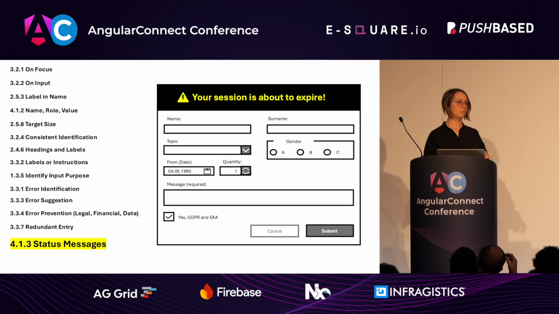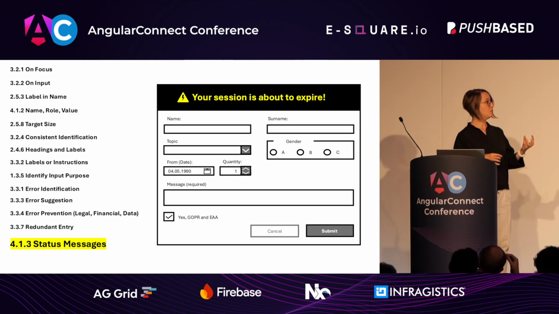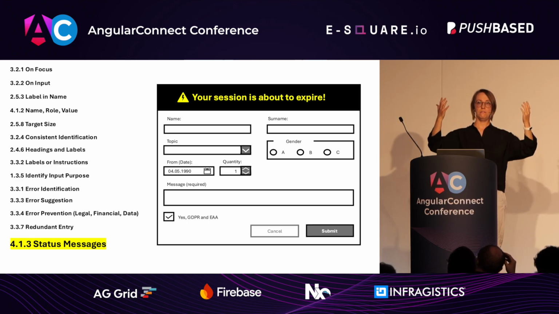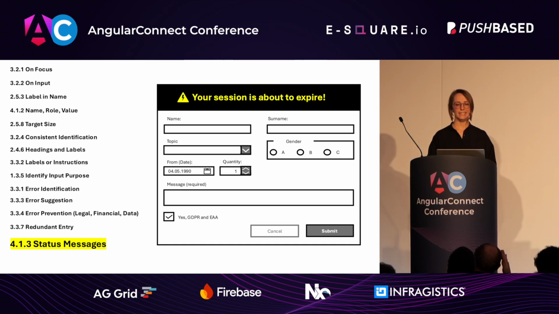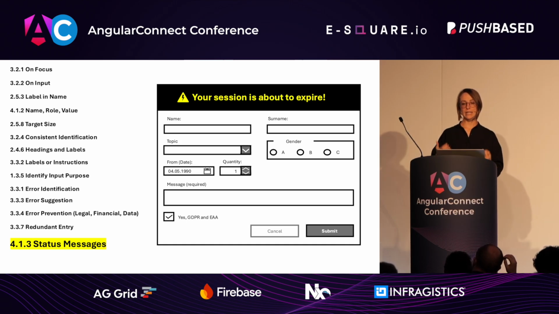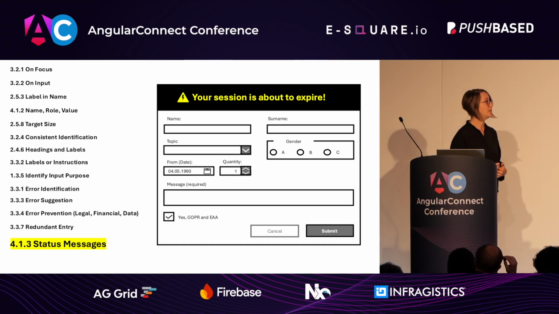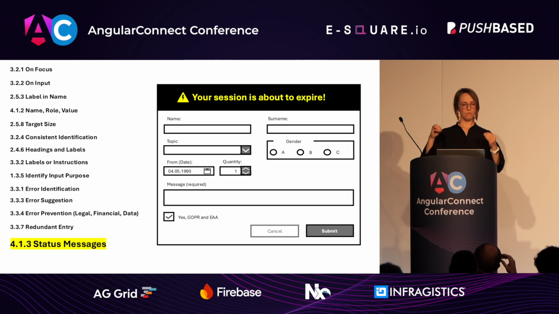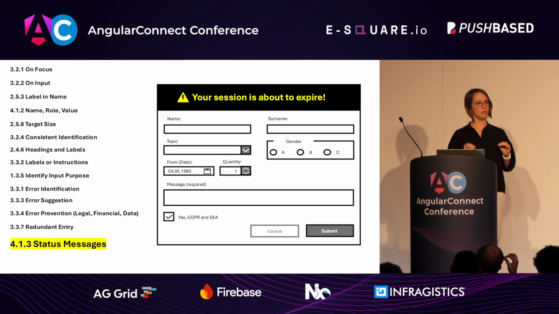Imagine you're filling the form and the session is about to expire, and you see a huge banner somewhere above the form. No way you will hear it as a user of a screen reader unless you made sure that this information is available for assistive technologies. So take a moment and think about your forms.